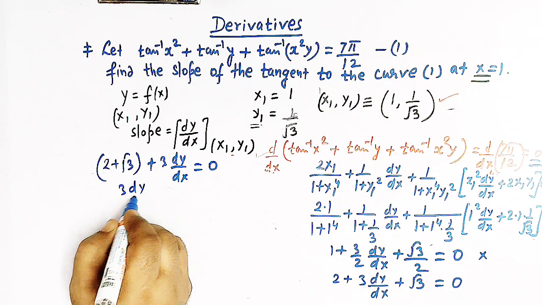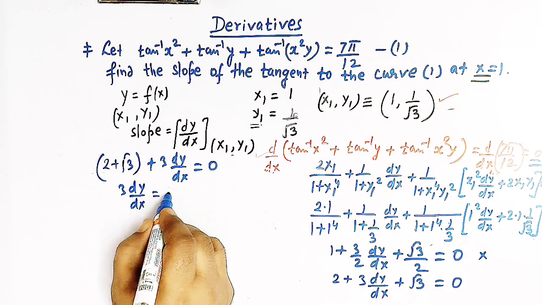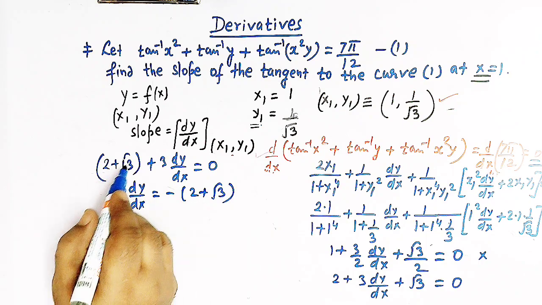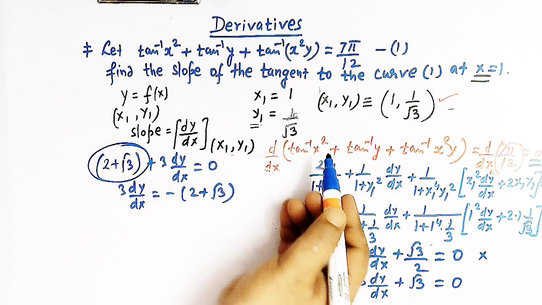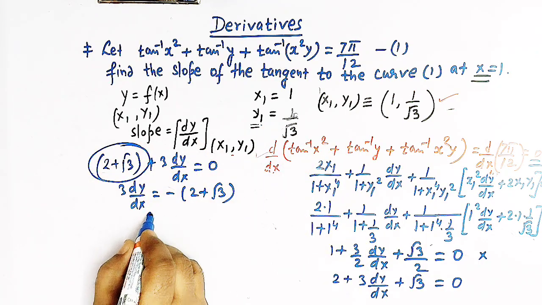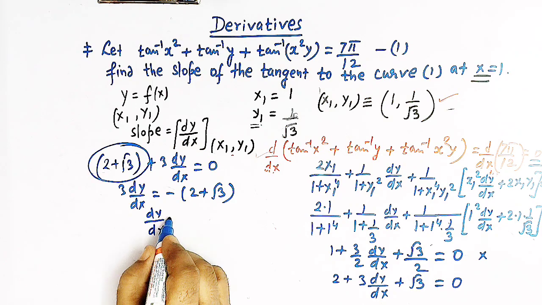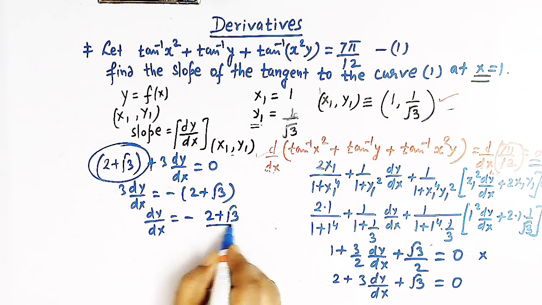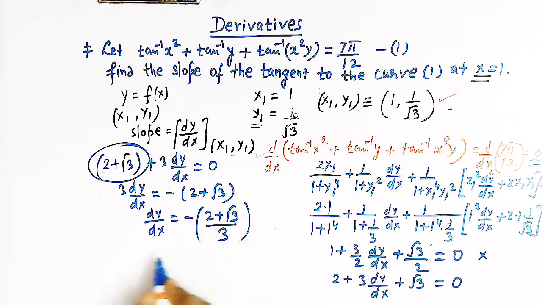So 3 dy over dx is equal to minus 2 plus square root of 3. So taking this term to the right hand side, we have now dy over dx is minus 2 plus square root of 3 over 3, right?